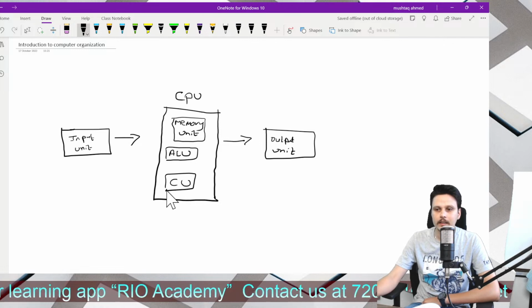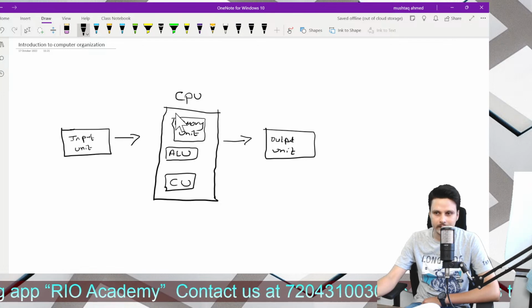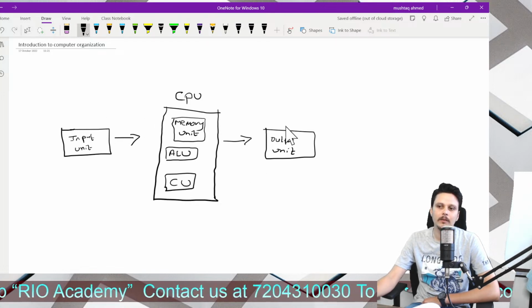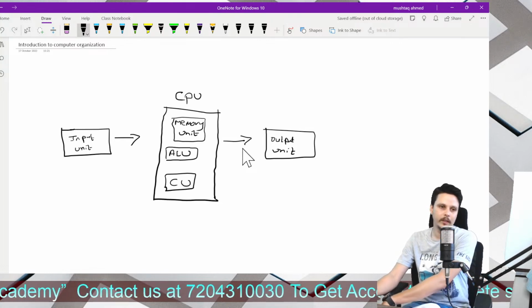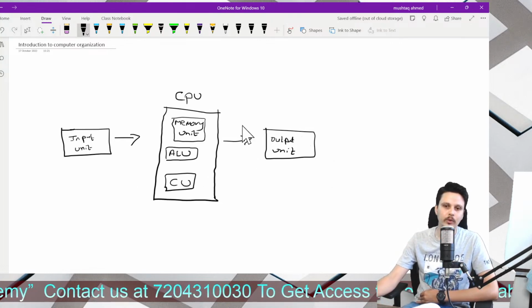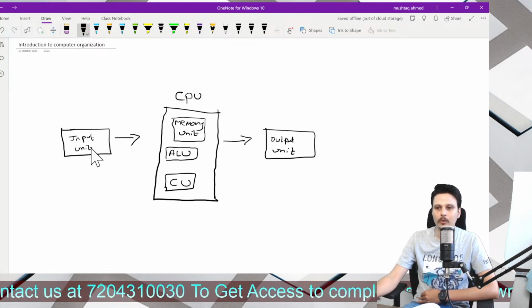Today let us discuss the basics about computer organization. Once we discuss the basics, let us move to the objective part, the questions related to these topics. So today just understand what I'm teaching.